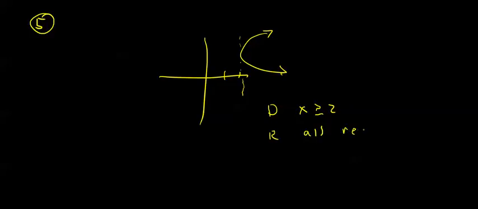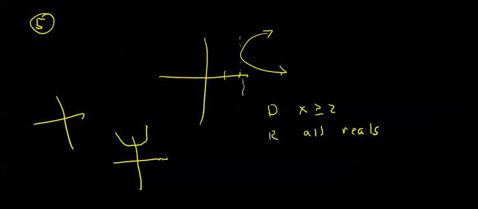And I'm not sure the form that you're using to state this. If I look at a function like this, a parabola, and this is 1 and 2, the domain is all reals.